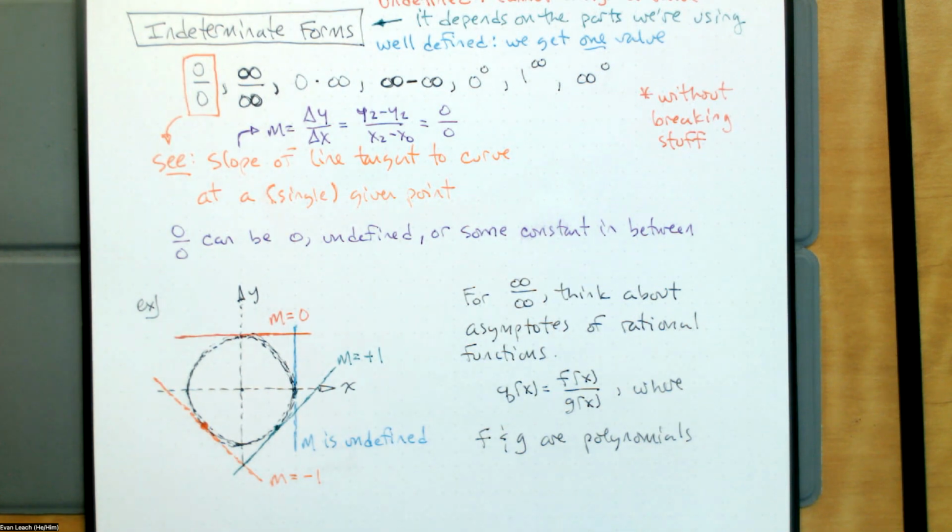A rational function is just a ratio of polynomials. Rational functions are the fractions of the polynomial world. Polynomials are like our whole numbers or our integers. Rational functions are like our rational numbers or fractions.